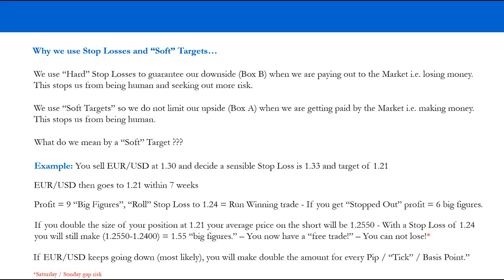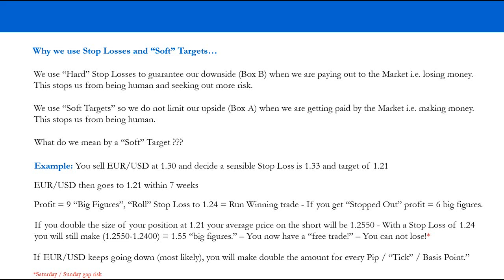What about targets? So what about when we're actually winning? Well, in trading and portfolio management, we approach this by using soft targets. What do we mean by soft targets? Well, if you purchase or go long an asset at 100, we don't want to limit our upside and say, for example, at 110, we will trade out automatically.